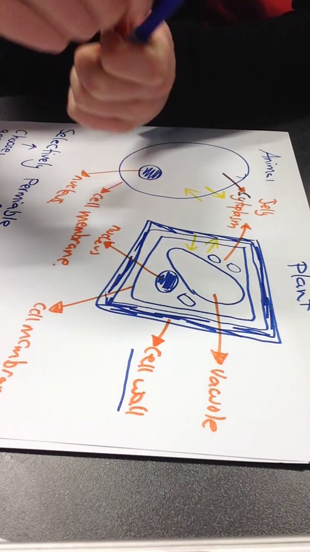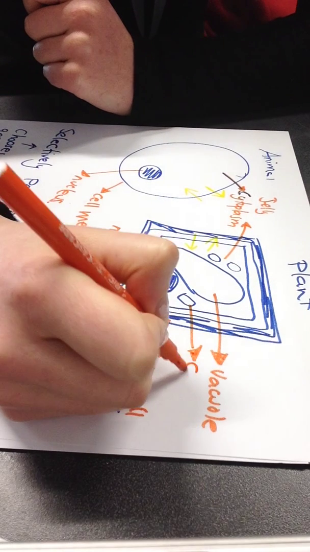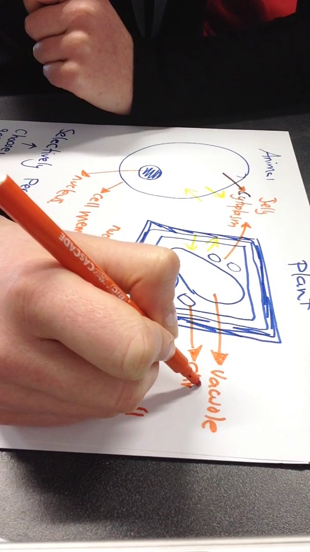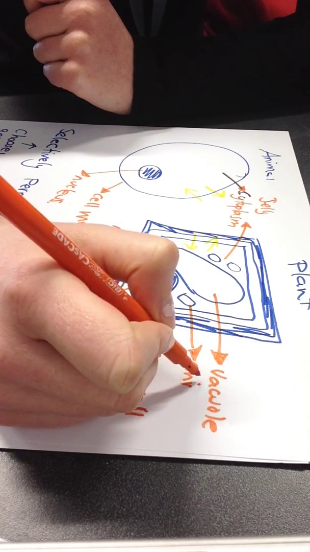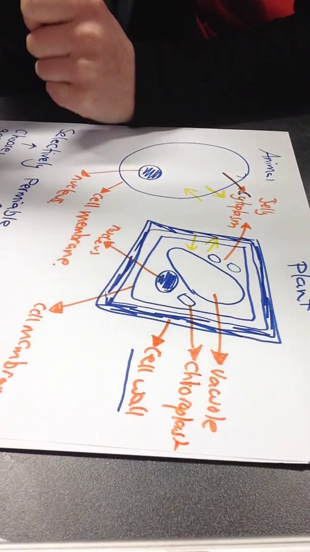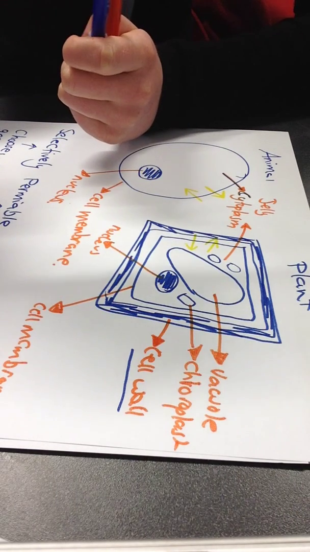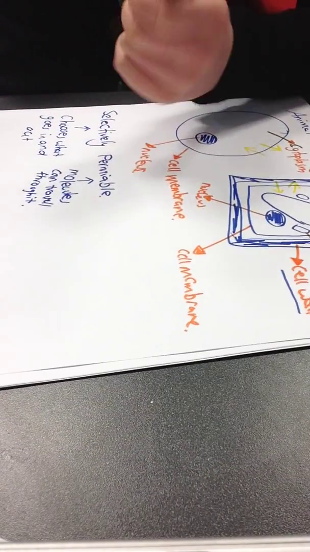Chloroplasts are these little things. There's normally quite a few of them in the cell. Chloroplast. Okay, so chloroplasts are the things that photosynthesize.